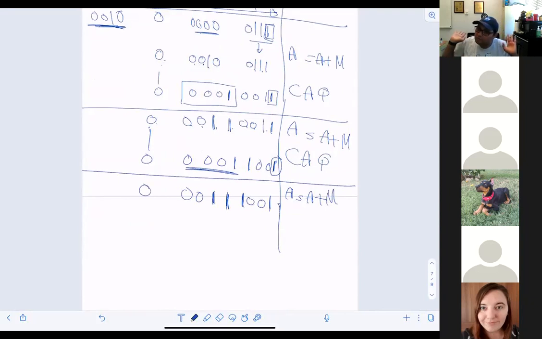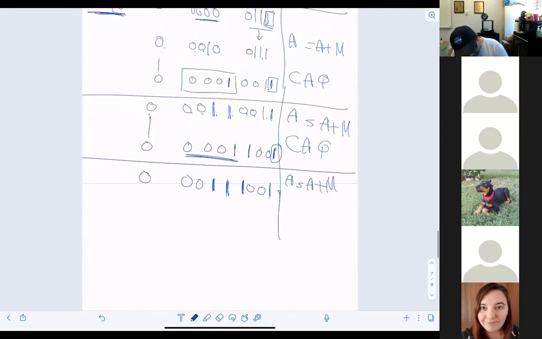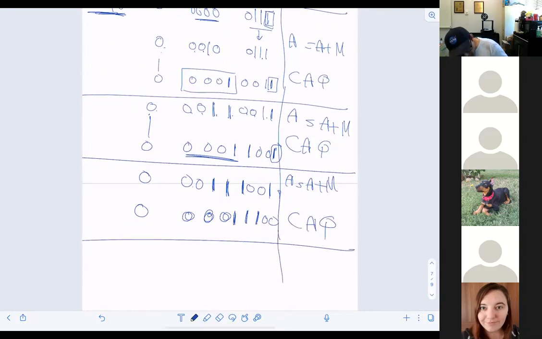Now we're gonna shift again. So it's gonna be 0 here, 0, 0, 0, 1. And then that 1 will be here, 1 here, 0, 0, right? Yep. So now CAQ. Last process. This is what?